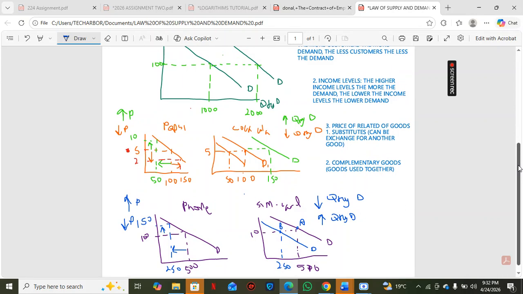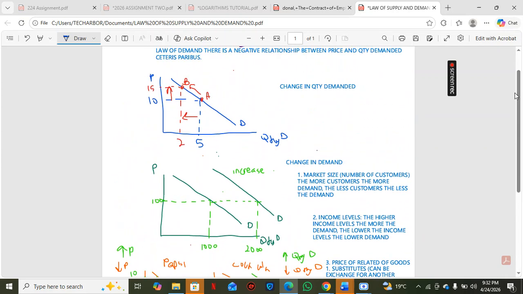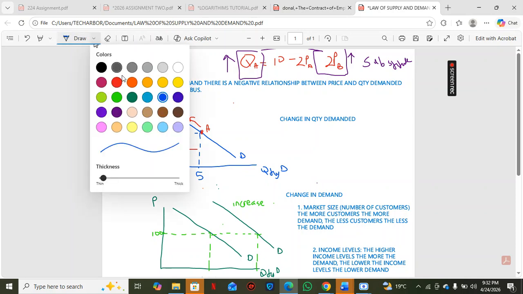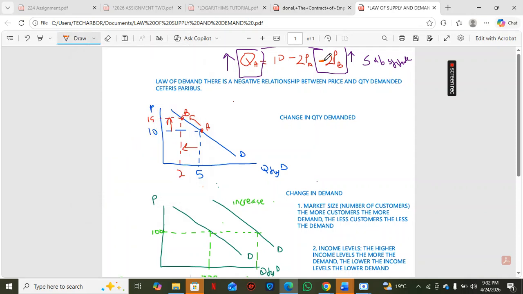So with complementary goods, if in your demand function you see, for example, a negative sign, minus instead of plus, it means if the price of good B goes up, people buy less of good B and won't need to buy any of good A. So quantity demanded of good A is going to go down.